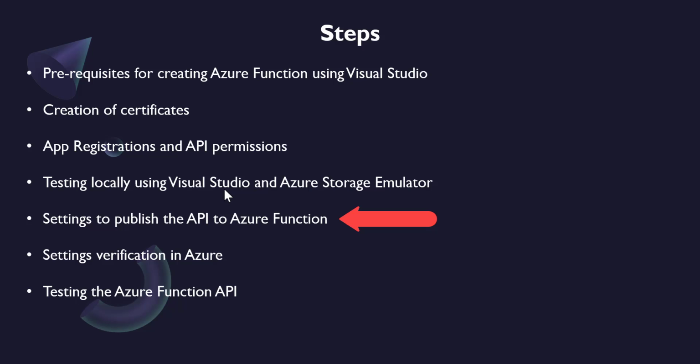We will see one by one in detail. And once the Azure Function is deployed to Azure, then there are a couple of other settings which we need to verify directly in Azure. And at last, once our Azure Function app is deployed to Azure, we can test it directly using the Azure Function API URL. So these are all the steps which we are going to perform. Let us see one by one in action.